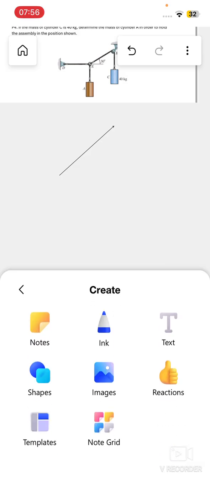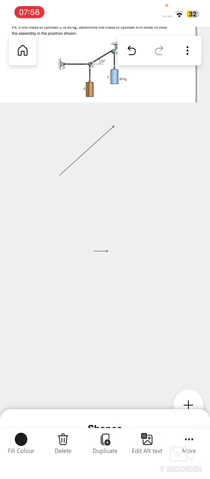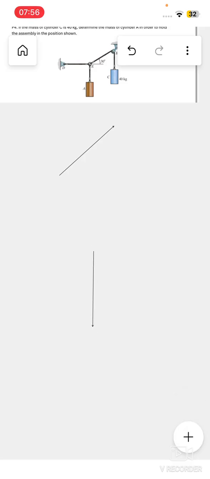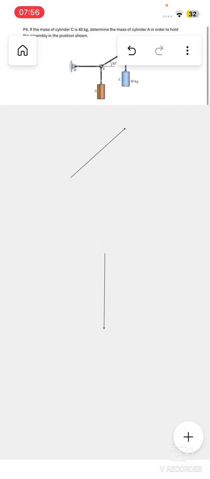And please look at something: at body C, there is no friction. So tension at EB and tension at BC are going to be the same. Right now, let's just draw the free body diagram first so that we can attack.